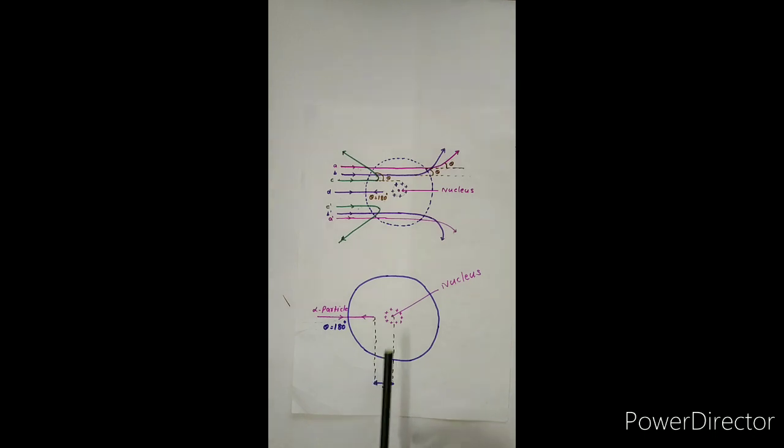Once again, that distance from the center of the nucleus where the alpha particle stops is the distance of closest approach.